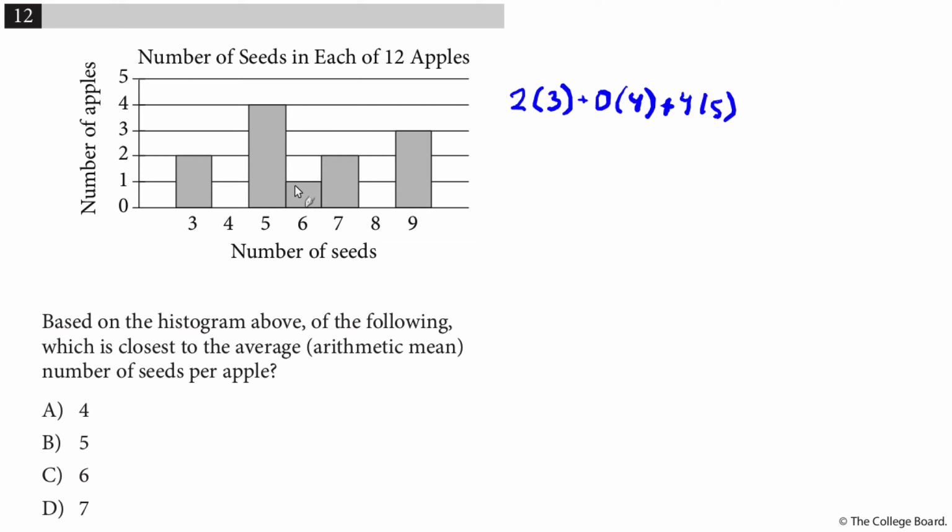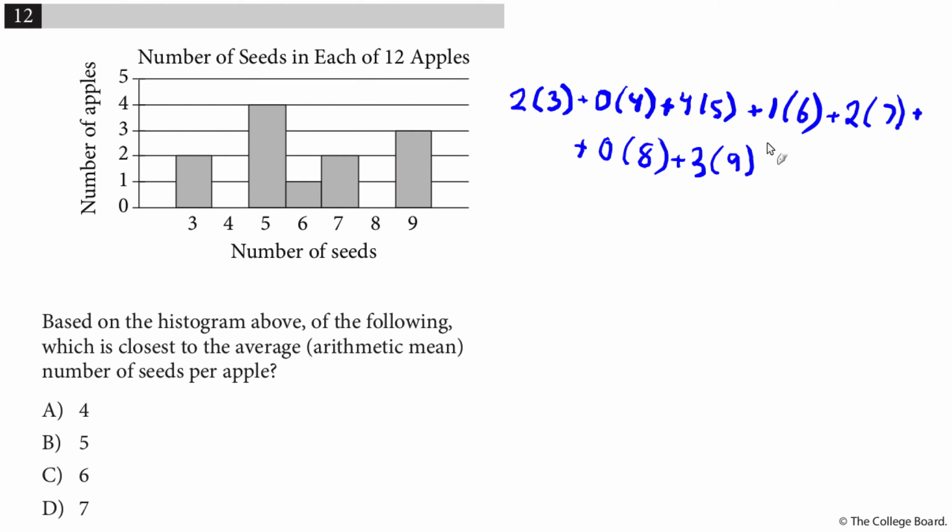I have 1 apple with 6 seeds. I have 2 apples with 7 seeds. I have, continue that, 0 apples with 8 seeds, and I have 3 apples with 9 seeds.